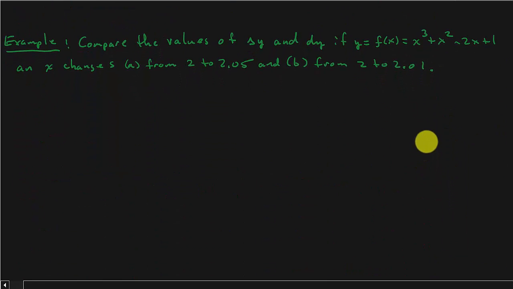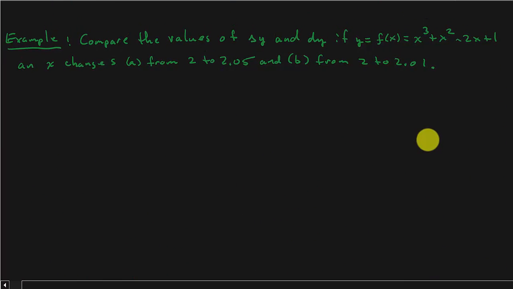So let's look at this. It says compare the values of delta y and dy if y is equal to, so we've got y is equal to, now let's write f of x. y is equal to f of x equals x cubed plus x squared minus 2x plus 1. And let's write y. y equals that function.